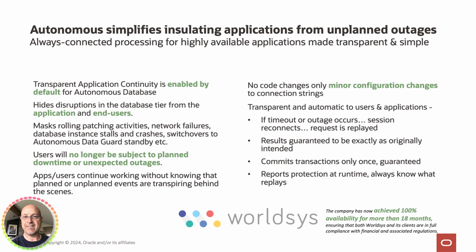We just hide all of that so that you don't experience it. And there's virtually no code changes. I mean, there are some exceptions with older apps, but if you've got the latest generation of client drivers and all that, it's really very minor configuration related changes to your connect strings, and you get the advantages of all this online stuff.